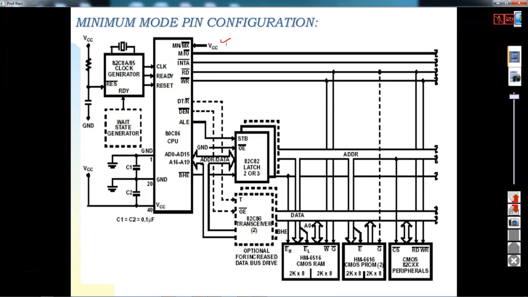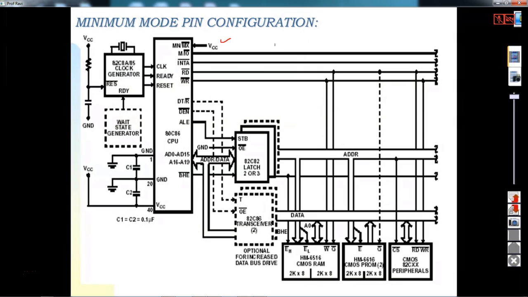Let us take that the processor has to do some floating point operations. The processor takes longer time to do floating point operations. So it can accommodate one more processor, a co-processor called 8087.